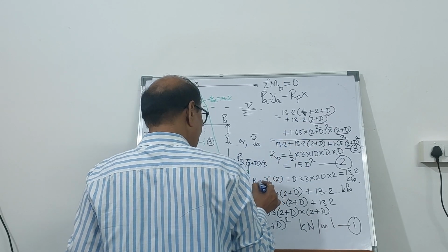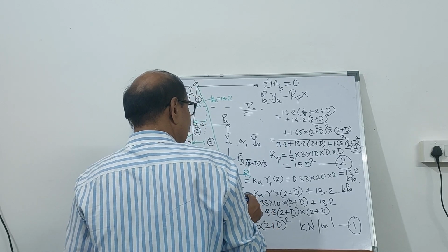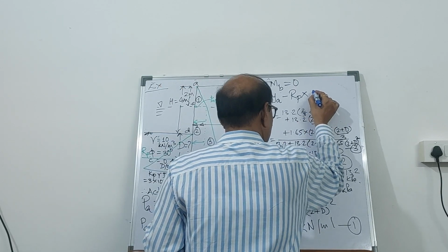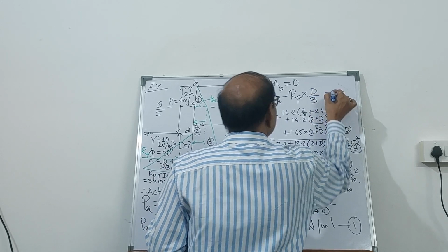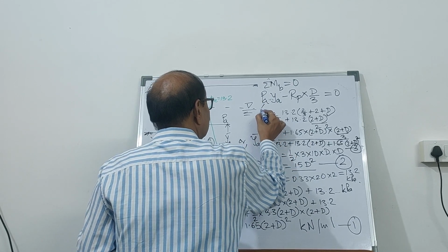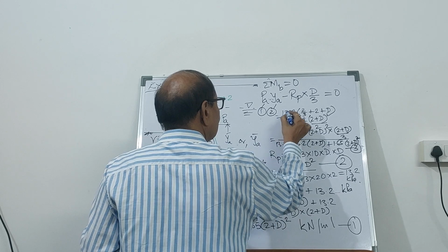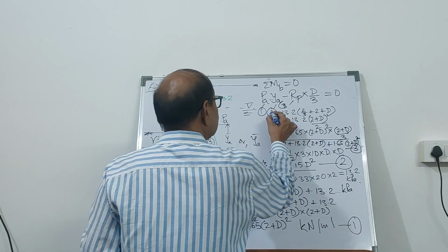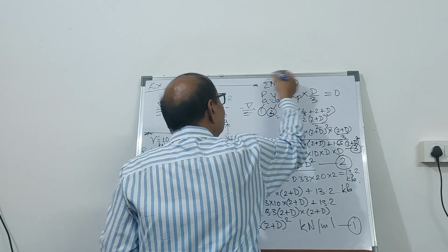RP I have already calculated as 15 D square. So 15 D square into D by 3 must be equal to 0. You just substitute PA from expression 1, YA bar from 2, and RP from 3.